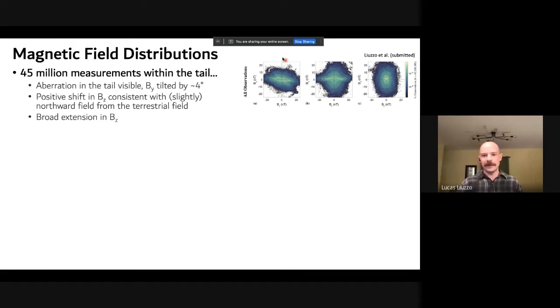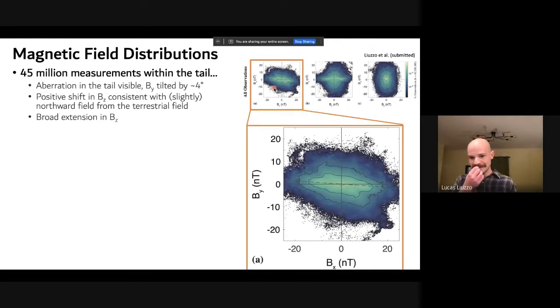You can take a point on this heat map, and for a given point you have some set of Bx, Bz, or By, Bz values that shows you what ARTEMIS actually measured. The colors here correspond to the percent of time that ARTEMIS saw that component set for the magnetic field. If I zoom in here, you can see I've also included these contours, which correspond to order of magnitude spacing.